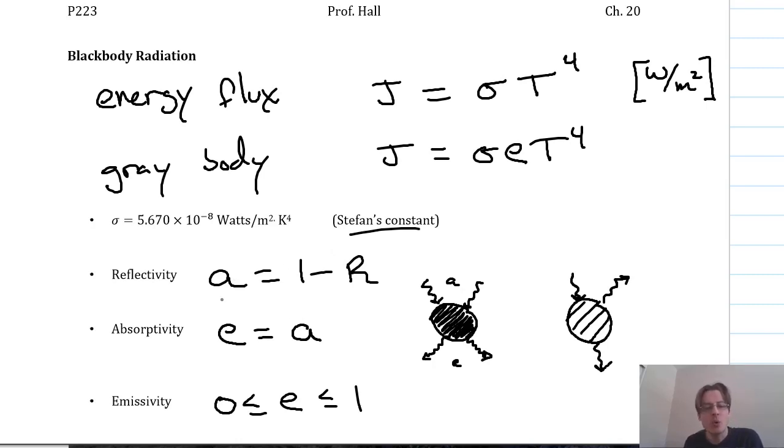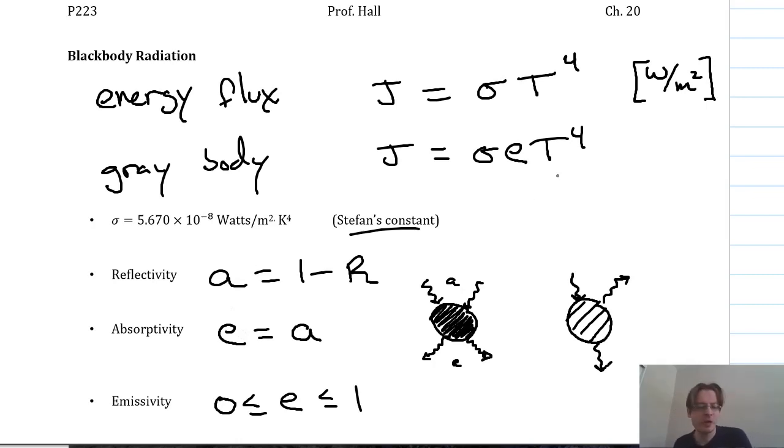So if you know the reflectivity value, you know the absorptivity, these are like fractions, and then you also know the emissivity value. So that's typically how problems go. You know the value of R, you know that something reflects 20% that hits it. That means the absorption factor is 0.8 and the emissivity is also equal to 0.8.